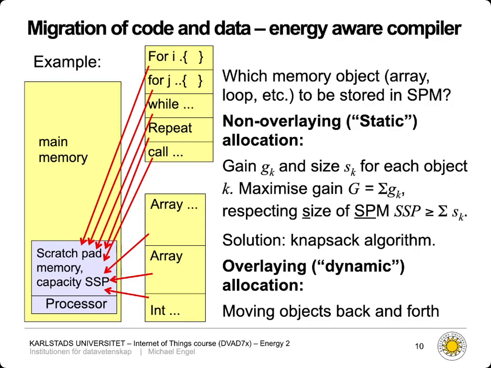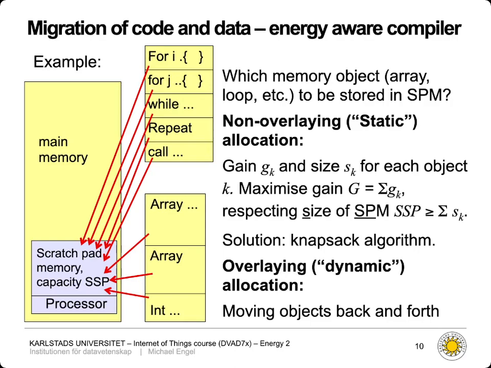This is a typical optimization problem. In this case, we use the knapsack algorithm to solve it, in order to pack as many of the objects which reduce the energy consumption as possible into scratchpad memory. Now, you can do this statically, but you can also do this with an overlay method.